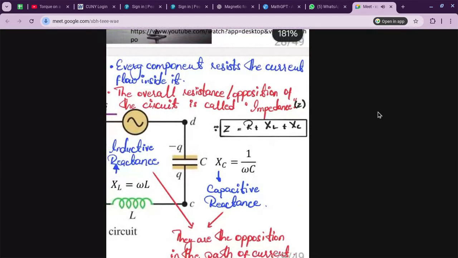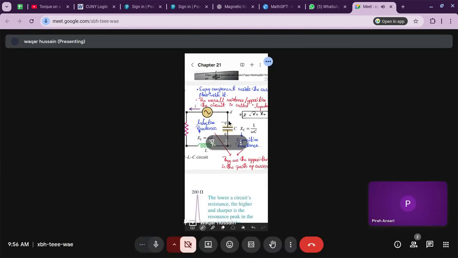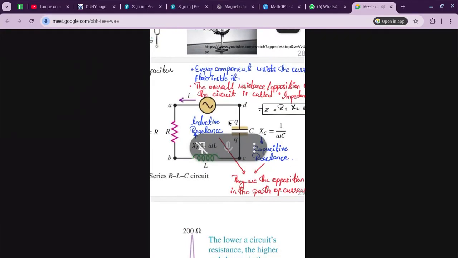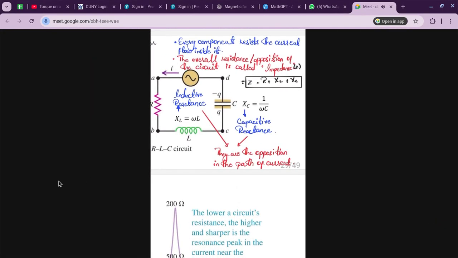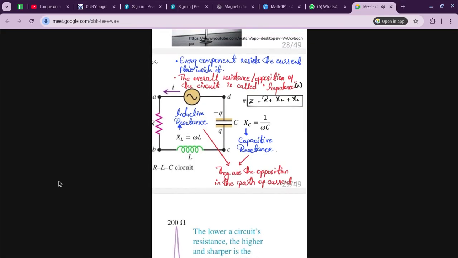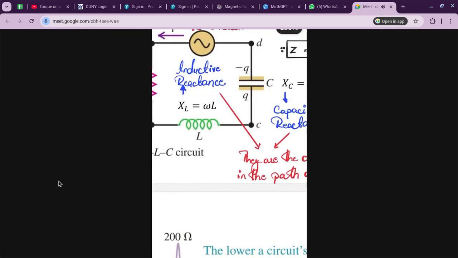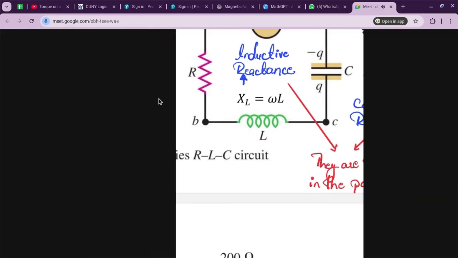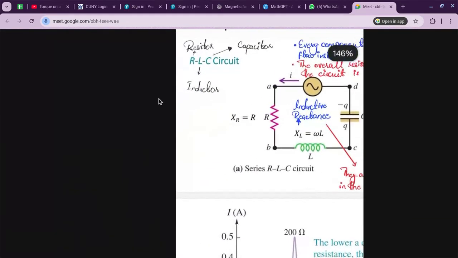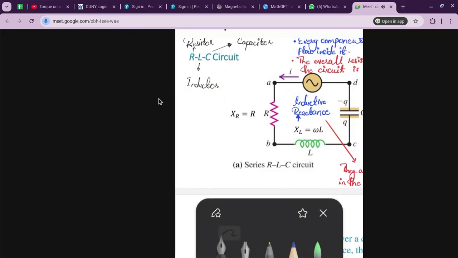Now let's see the resistance of the inductor and the resistance of the capacitor. Do you know, Peter, what omega is here?